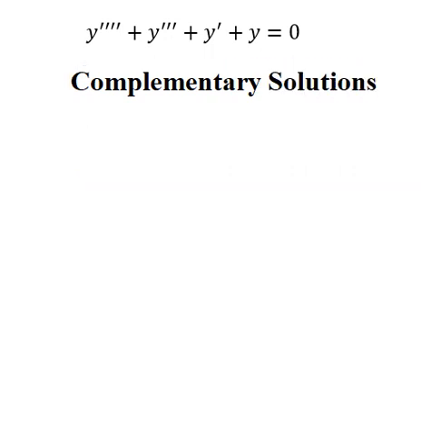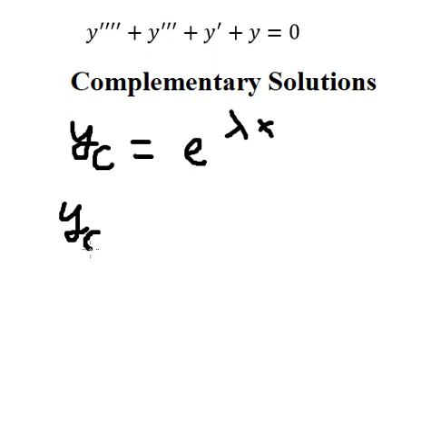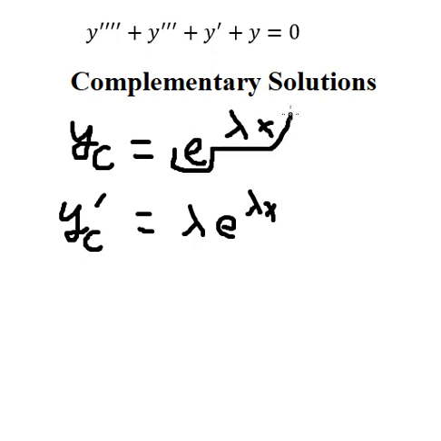solutions. So I will put yc equals e to the power of lambda s. Later that we need to do first the derivative of yc, and we have lambda e to the power of lambda s. So if we do first the derivative of this one, we keep the same e to the power of lambda s.